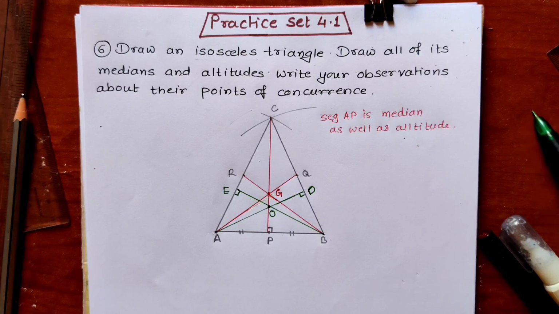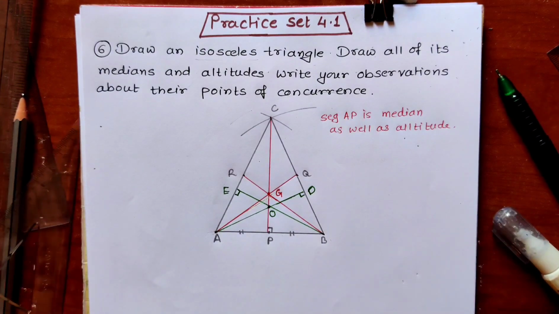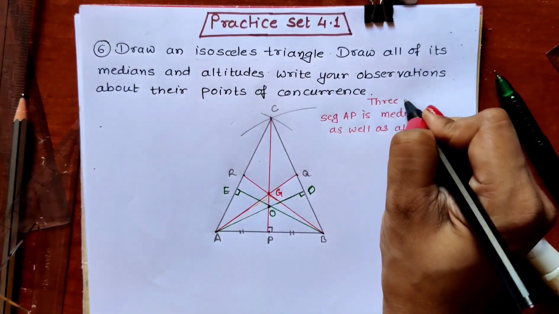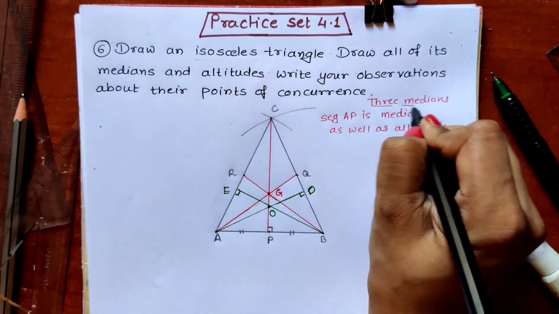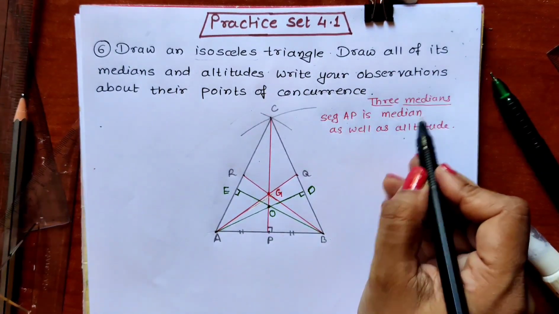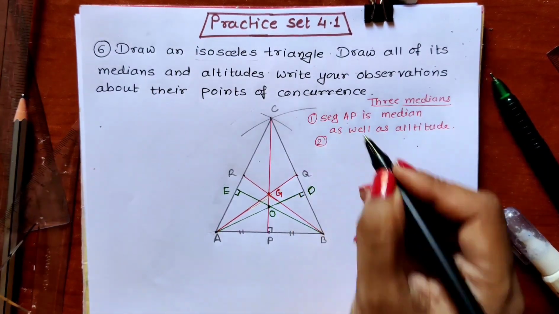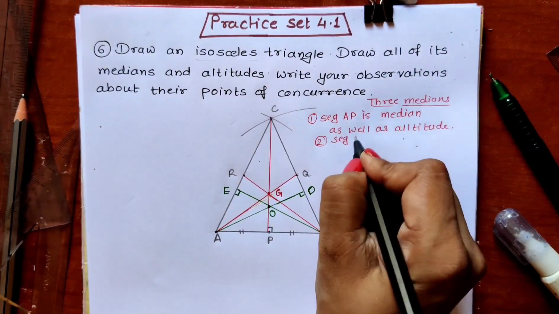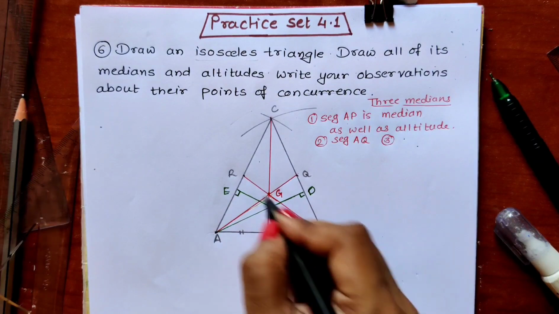So first we will be writing the names of all three medians. Seg AP is a median as well as an altitude. The second median is seg AQ. And the third median is seg BR.